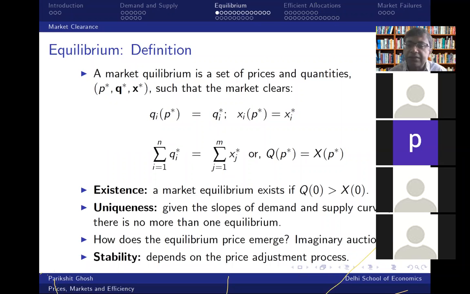You can have a situation where the market clears, but a lot of people are dying for lack of healthcare. People are unhappy. They're dying for lack of healthcare because they can't afford it, not because their demand has been unmet, but at the price that the market charges, they're not able to afford healthcare.